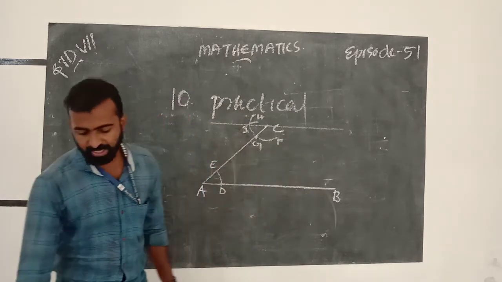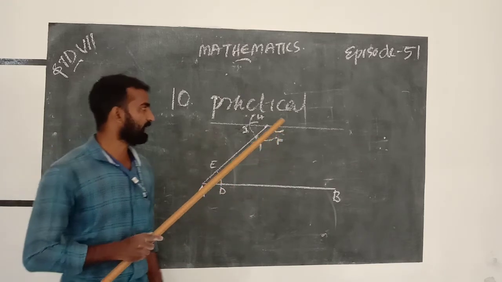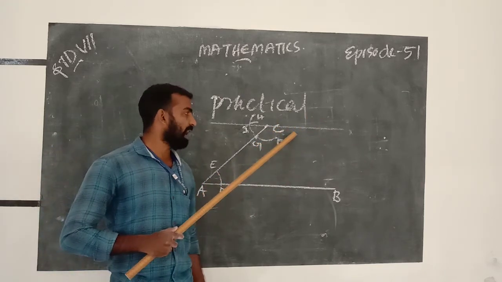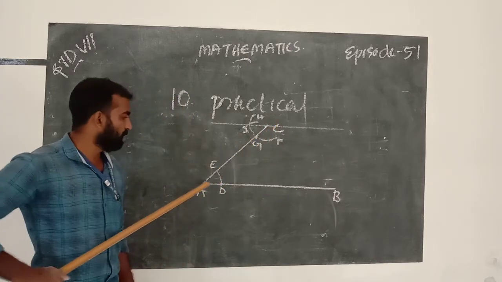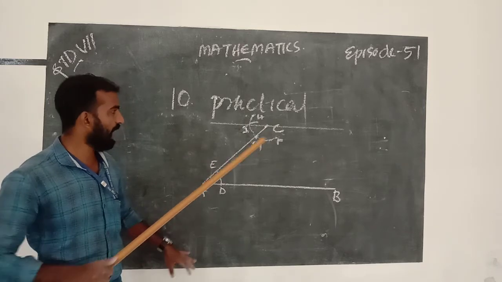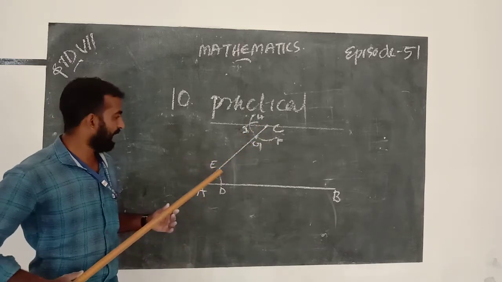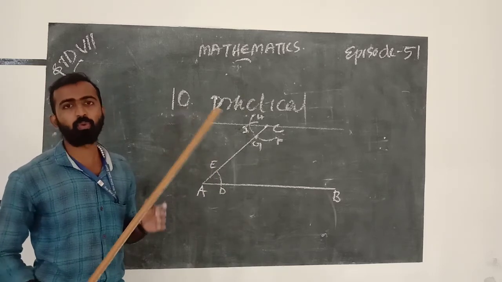First we draw a line. Next we mark a point outside of this line and join it to the line. We take an arc at A with the compass.